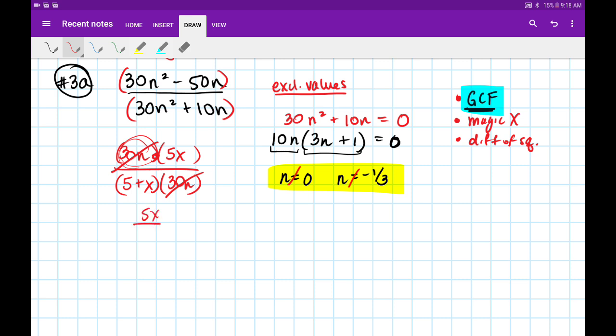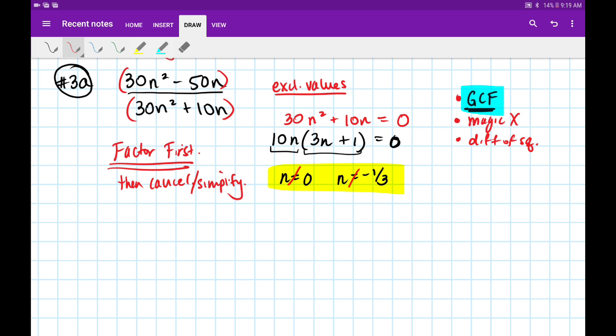And I would be left with 5x over 5 plus x. But these 5's won't cancel because the bottom is part of a group, 5 plus x. That guy stays together. So we have to keep in mind that we need to factor first as much as possible, then we'll cancel or simplify.